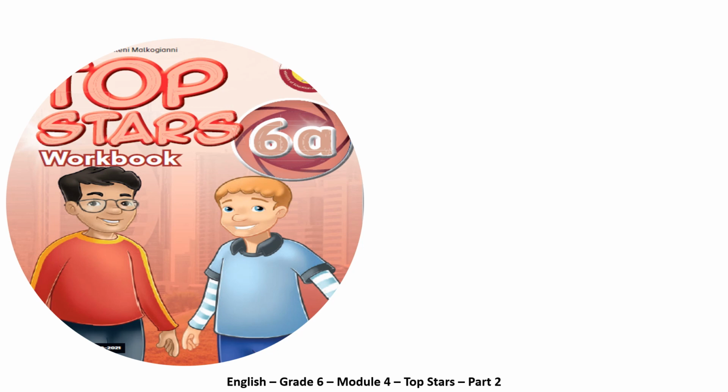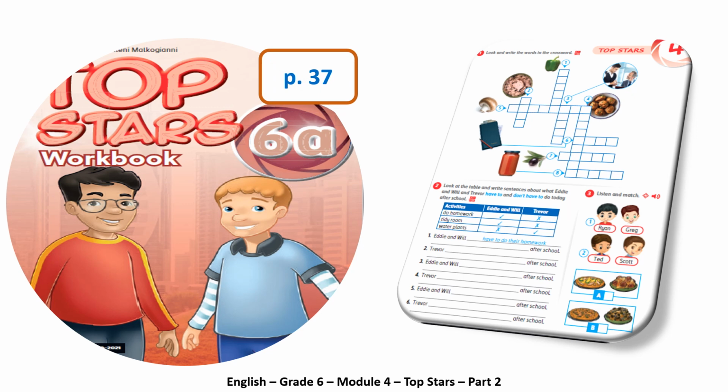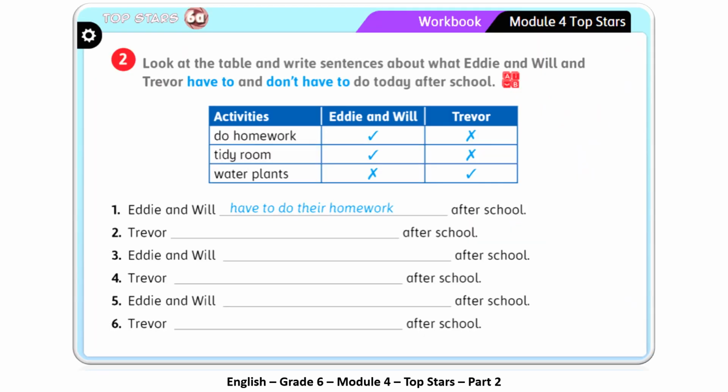Assessment time. Go to your workbook, page 37, because we are going to work on activity 2. Look at the table and write sentences. So, we're going to write sentences based on the information in the table.